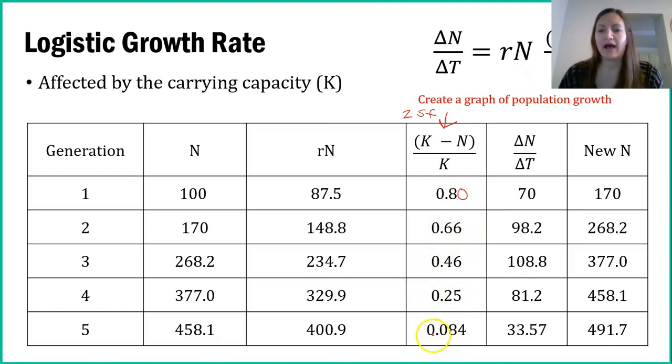Remember, with significant figures, leading zeros aren't significant figures, so I have 2 numbers here. That is what I personally do. It's helpful, especially for the k minus n over k, because these are decimals. If you have decimals, you need more decimal places. When you have big numbers, you don't need decimal places.